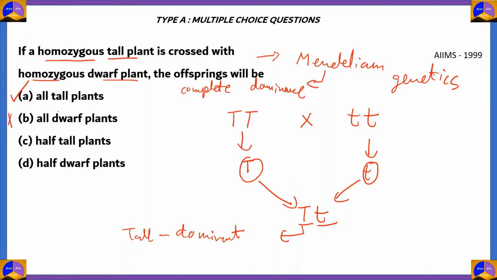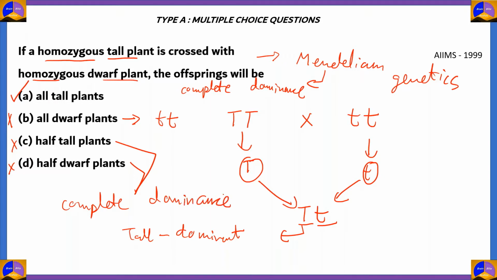Now this is incorrect, because for the condition of all dwarf plants, both alleles have to be recessive, like small t, and half tall and half dwarf plants do not exist because of complete dominance. So there is nothing of the sort of half tall or half dwarf plants when we use Mendelian genetics. So our right answer is option A, all tall plants. So if you cross a homozygous tall plant with a homozygous dwarf plant, you're going to get a hybrid which is tall.